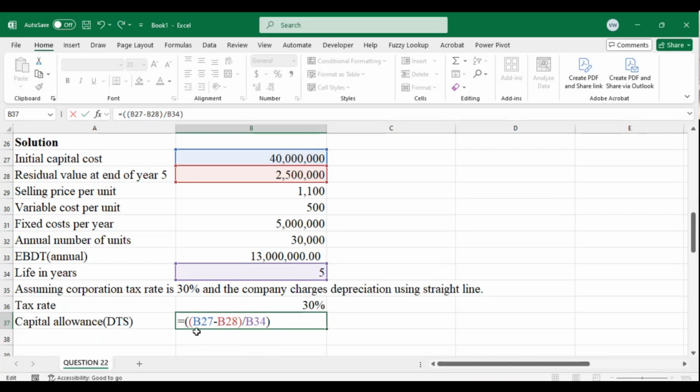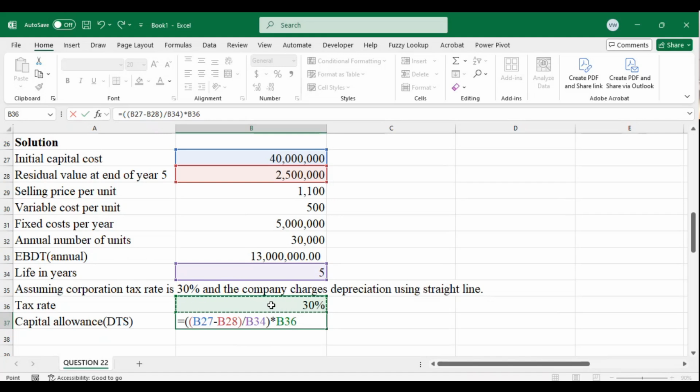You can see that my two main brackets are for getting the depreciation per annum, but the final bracket takes this depreciation per annum and multiplies it by the tax rate of 30%.